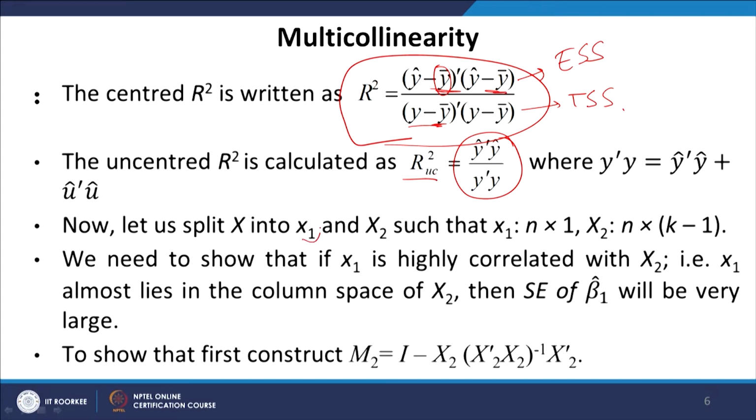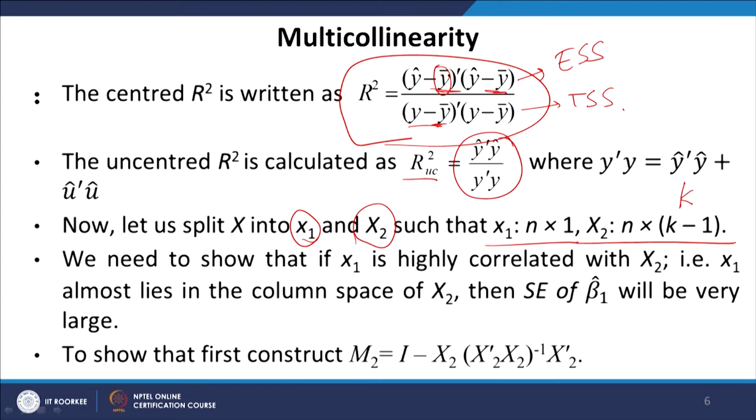One is a single variable x1 and the rest are included in x2. So, x1 is an n by 1 vector. There is only one variable, of course, and corresponding to that variable I have n observations, and x2 contains n by k minus 1 variables, provided that I have a total of k variables including the constant term.